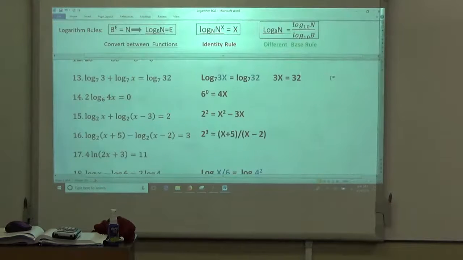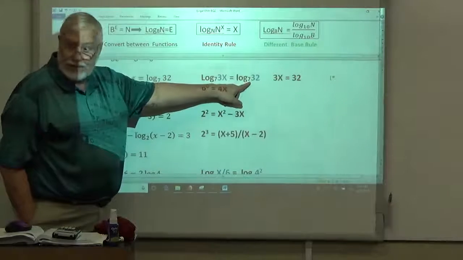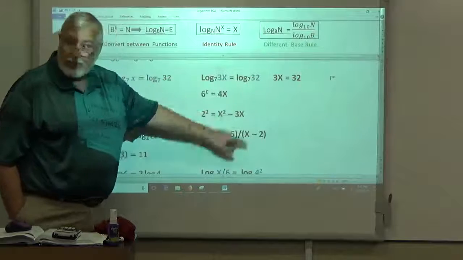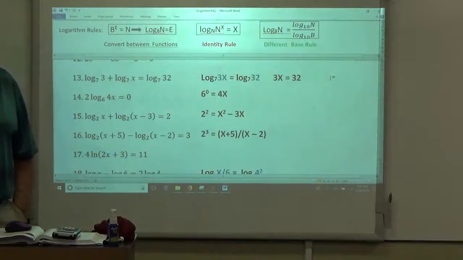That's another common sense, right? If the bases are the same, then this number has to equal that number, because it says it does. So you're solving 3x equals 32, and so x is, very simply, 32 divided by 3.